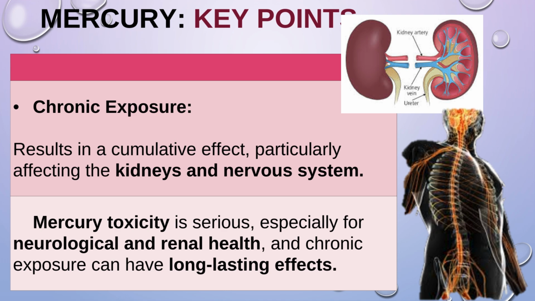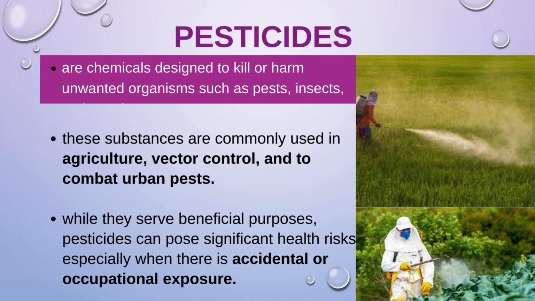So what are the key points? Chronic exposure with mercury will always lead to a cumulative effect, particularly affecting the kidneys and the nervous system. Mercury toxicity is serious, especially for neurological and renal health, and chronic exposure can have long lasting effects.